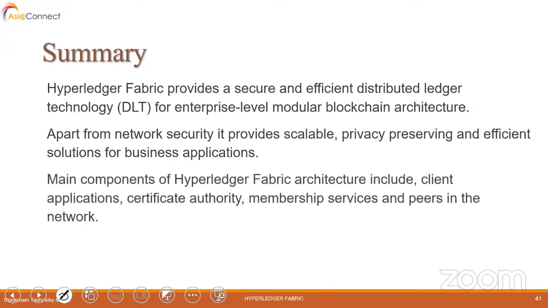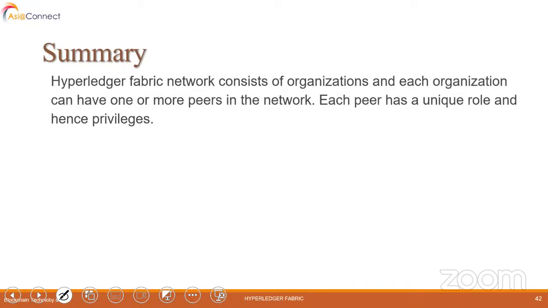So the main components of Fabric architecture include client applications, certificate authority, membership service providers, and peers in the network, right? Basically it consists of organizations. There can be car companies, mobile companies, contractors, for example civil contractors and electrical contractors, and government organizations who will be getting the work done.